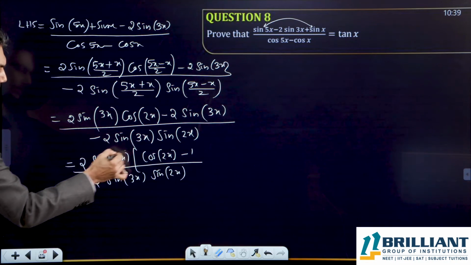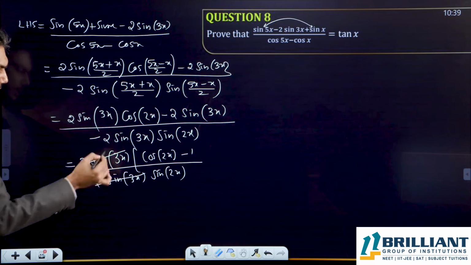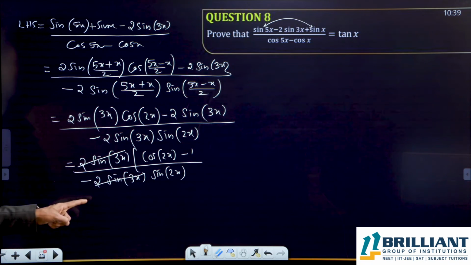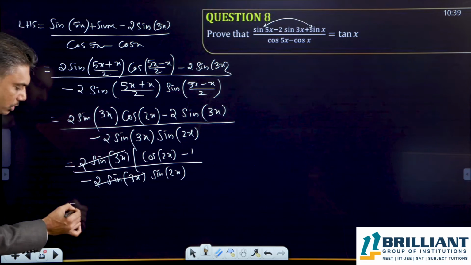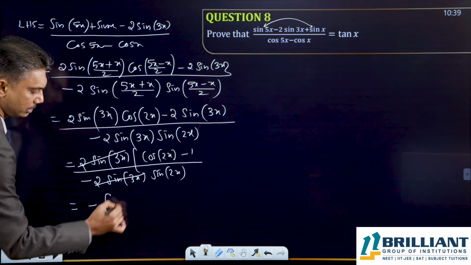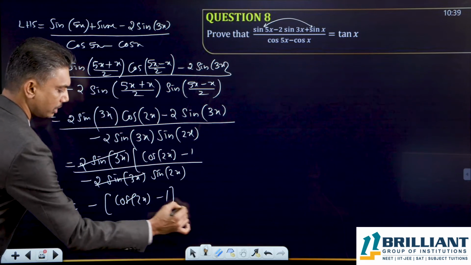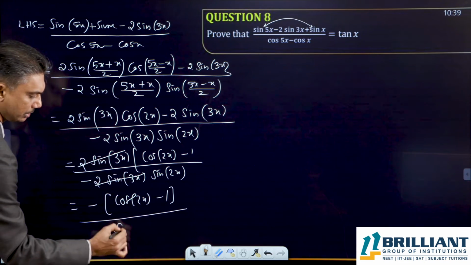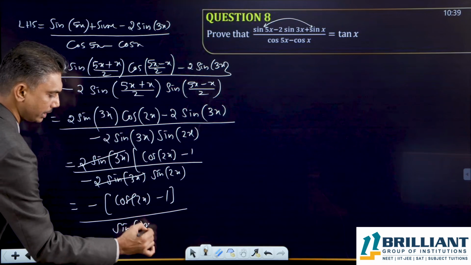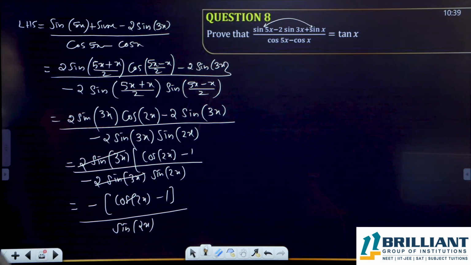Now, you can cancel these 2 sin 3x, and this minus will come in the numerator. That is equal to minus (cos 2x minus 1) by sin 2x.